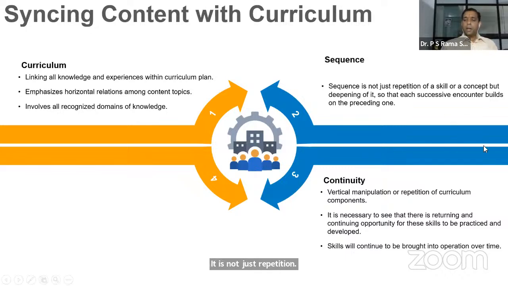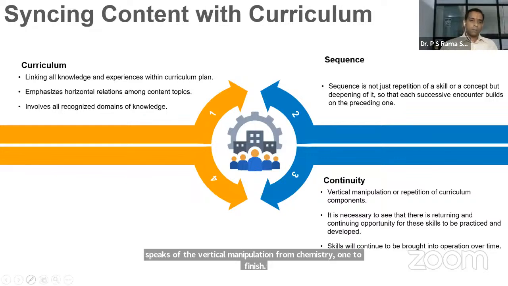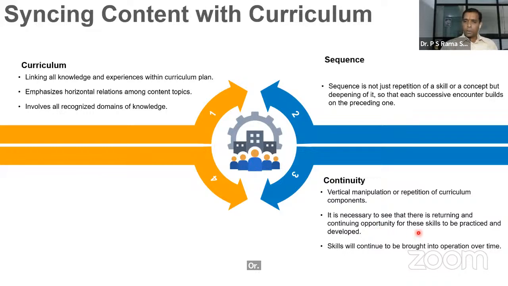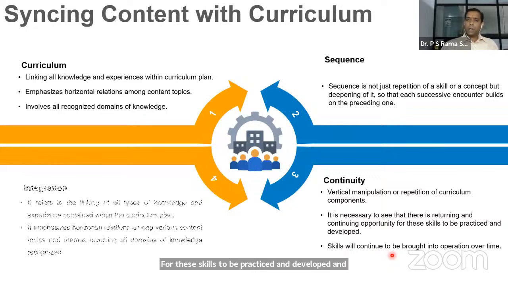Then continuity. Continuity speaks of the vertical manipulation. Right? It speaks of the vertical manipulation from semester 1 to semester 8. So it is necessary to see that there is a returning and continuing opportunity for these skills to be practiced and developed, and for skills to continue to be brought into operation over time.